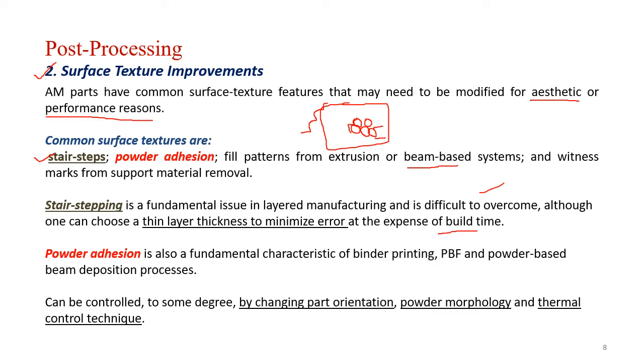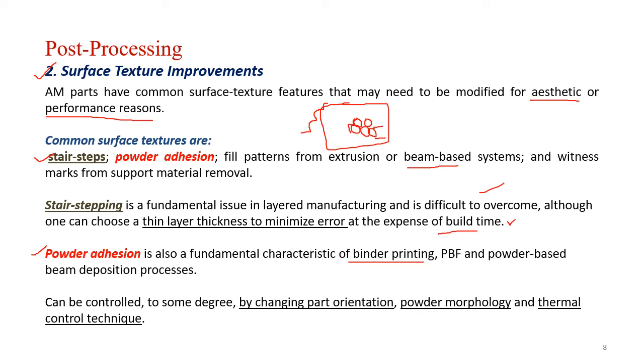build product. And moreover, if we are using a fine powder, the powder has to be controlled. There also we are going to take more time for controlling this powder. And mainly in powder adhesion, there is also one particular problem of binder printing. Binding will not take place because of the smaller powder. Why?